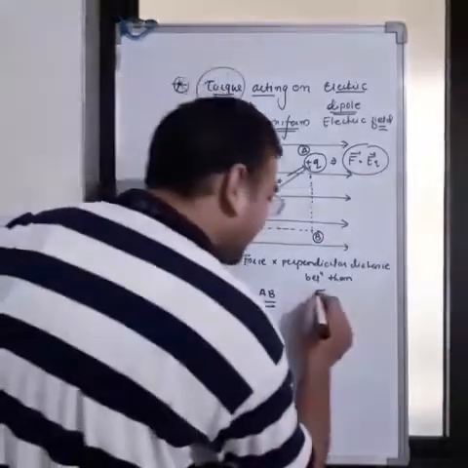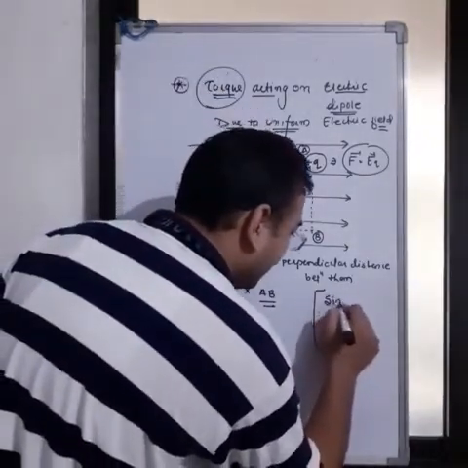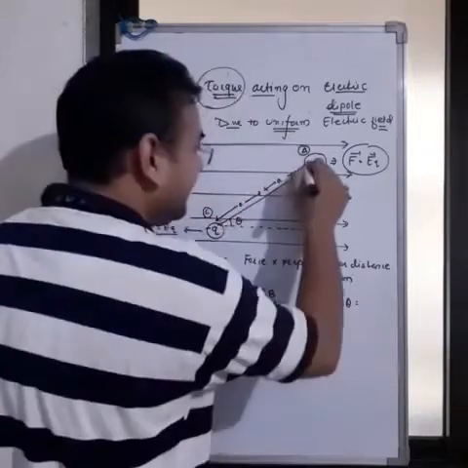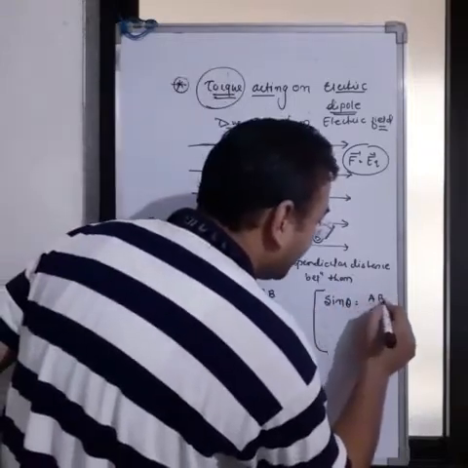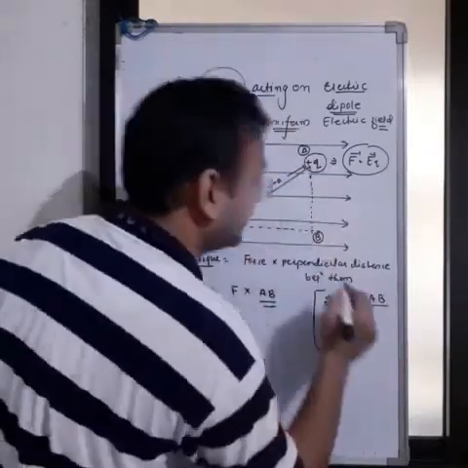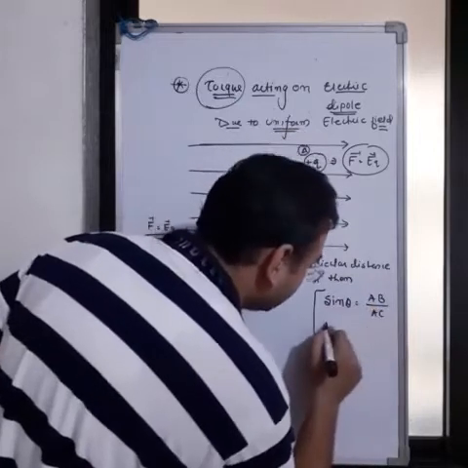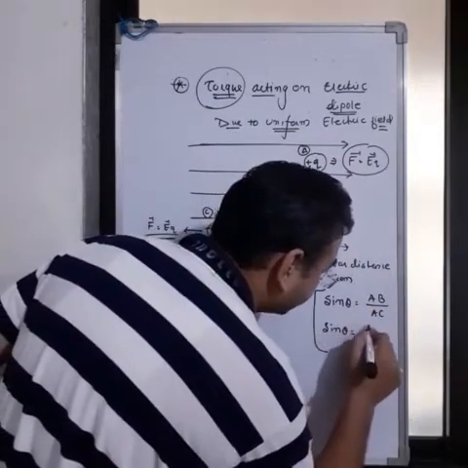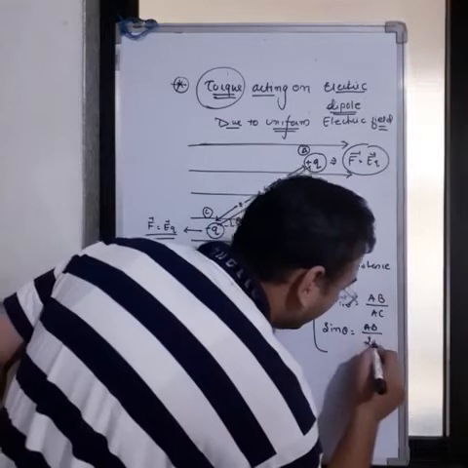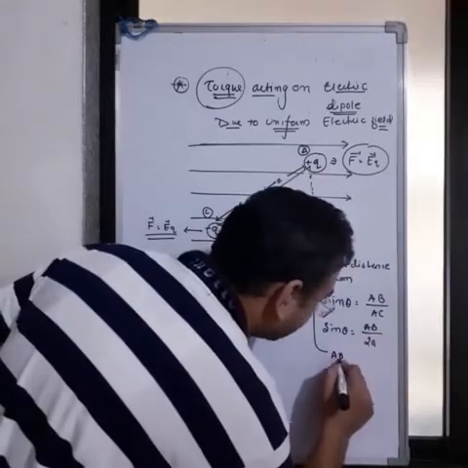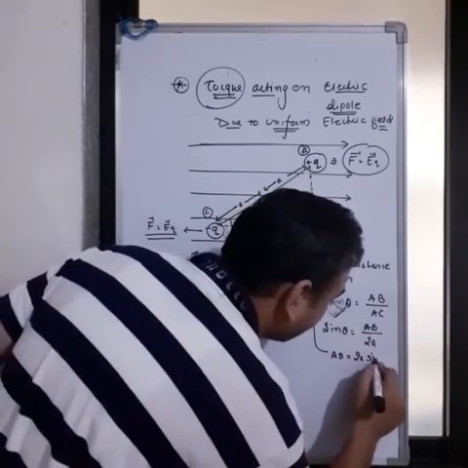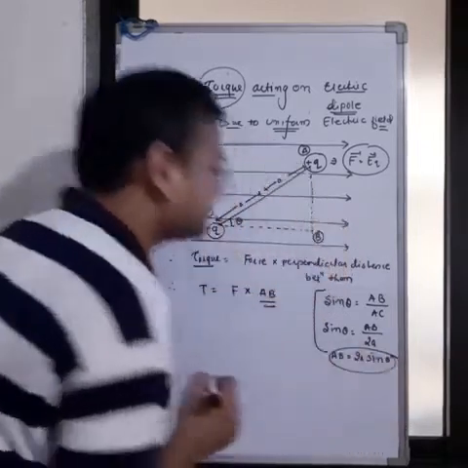If you take theta, then sine theta is equal to AB upon AC, where AC is equal to 2a. So AB upon 2a, so AB is equal to 2a sine theta. Can we write like this?